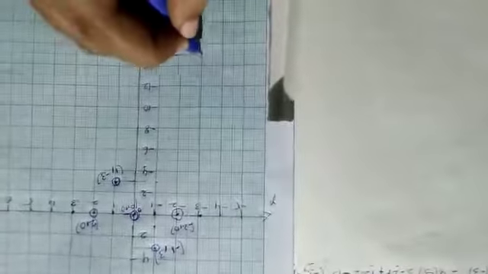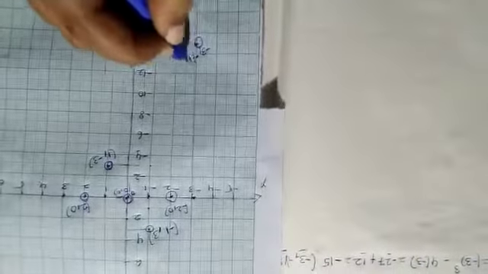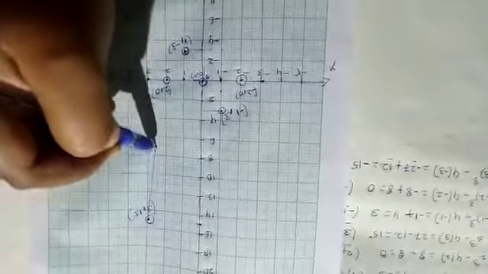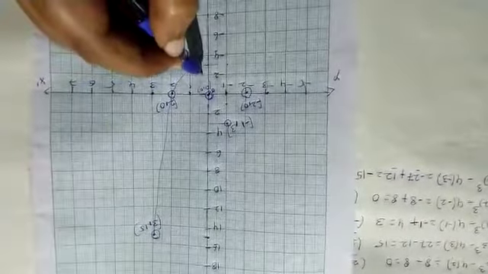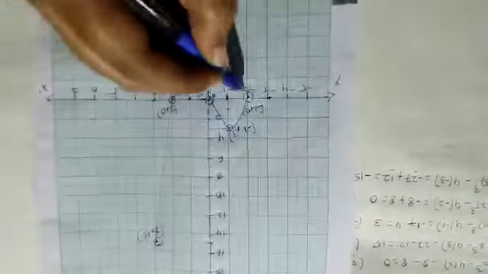So this point is minus 3 comma minus 15. So join these points. The graph is something like this.